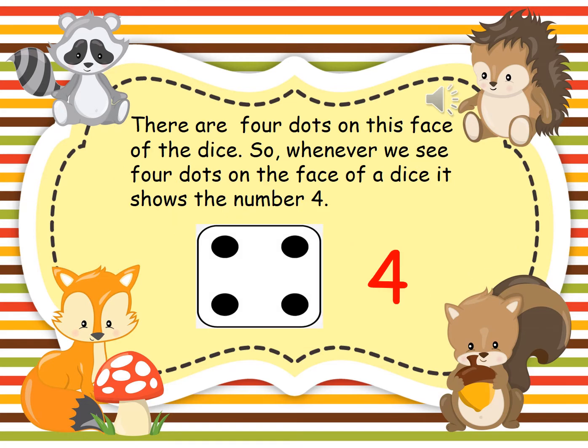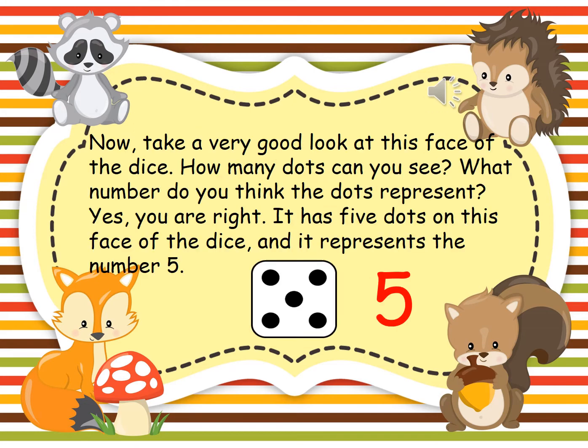There are 4 dots on this face of the dice. So, whenever we see 4 dots on the face of a dice, it shows the number 4. Now take a very good look at this face of the dice.